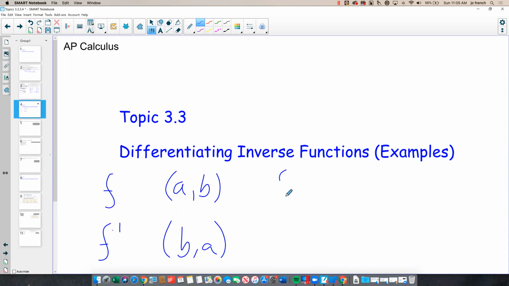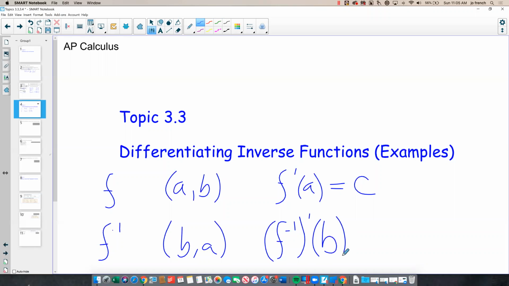And if I looked at the derivative of my original function at a and got some value c, well then the derivative of my inverse function at the b value, the output of my original, was going to be the reciprocal of my original function. So I'm going to try and use that relationship to answer these following questions.